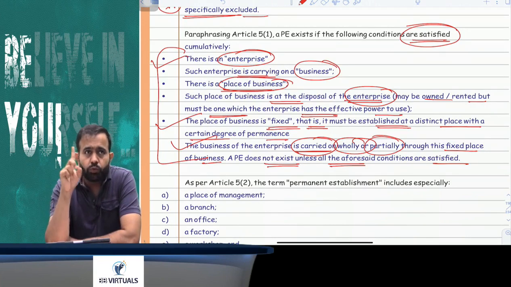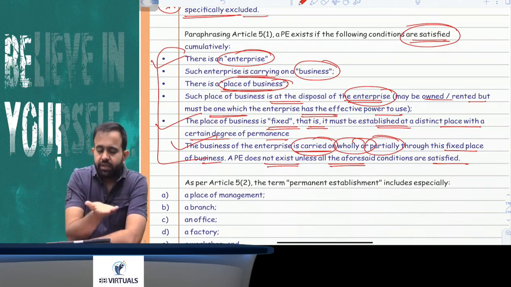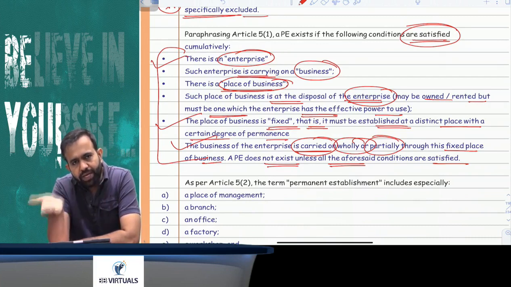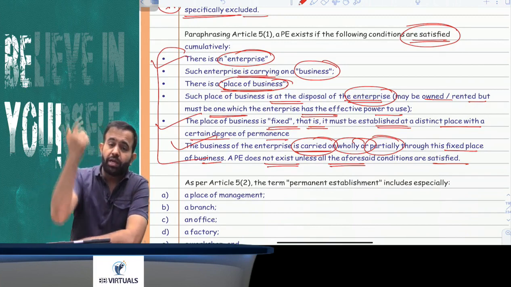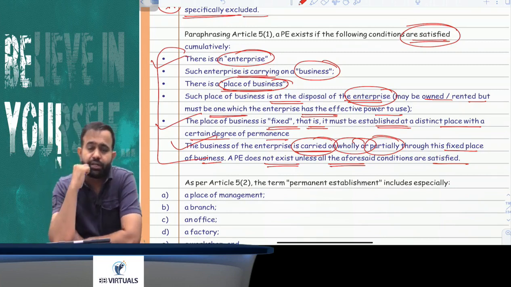So Formula 1 entered into an agreement with one Indian company, and that racing track, which is called a circuit, was available with Formula 1 for 3 days. Means for 3 days that circuit or racing track was at the disposal of that foreign company, that is Formula 1. So whatever income they earn from that activity, is it taxable in India or not?